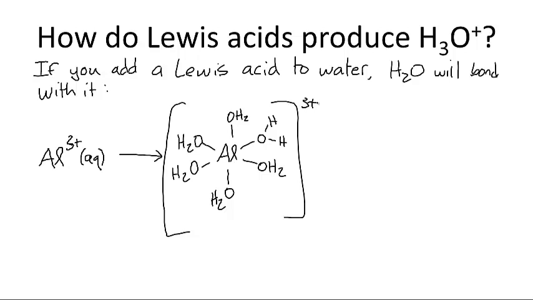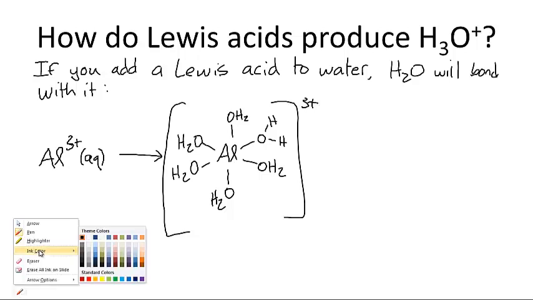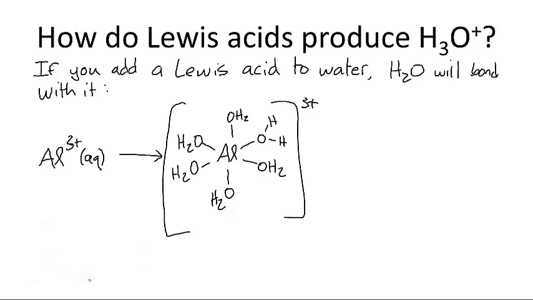Remember, the hydrogens are partially positive, and now you've got this aluminum with a +3 charge that repels the hydrogens a little bit. So what can happen is one of these hydrogens now becomes easier to remove. The OH bonds are slightly weaker, and the hydrogen is slightly easier to remove now.